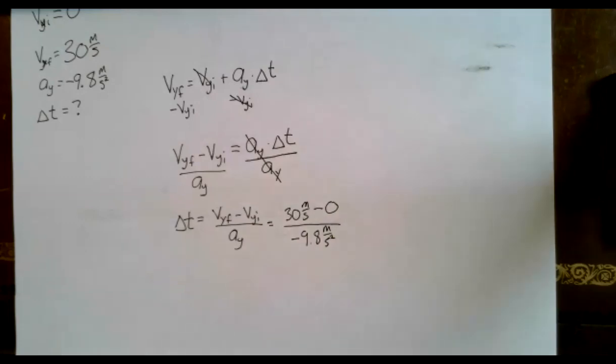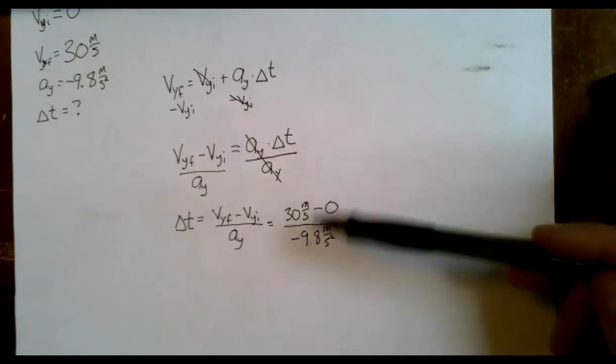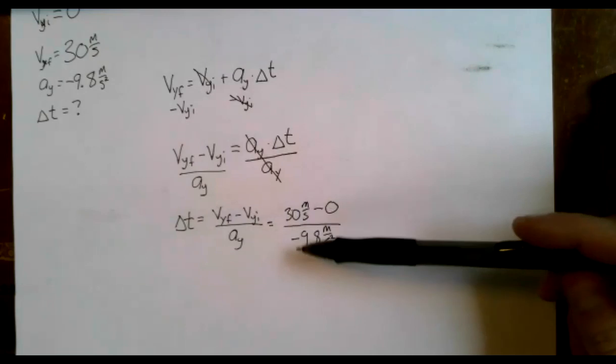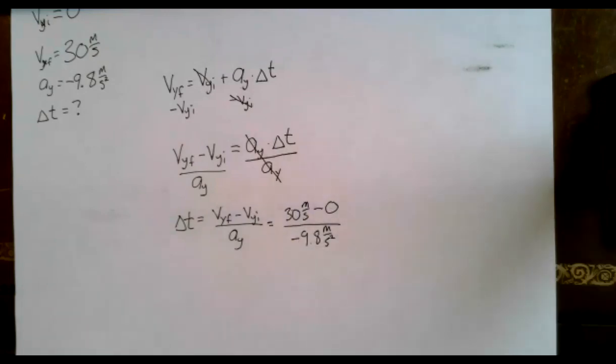Now, before I even plug in numbers, I noticed something here. If I've got a positive number up here and a negative number down there, I'm going to get a negative number for my time. But I shouldn't have a negative number for time. That means I made a small mistake somewhere. One of these givens is not quite right. Can anybody tell which one?